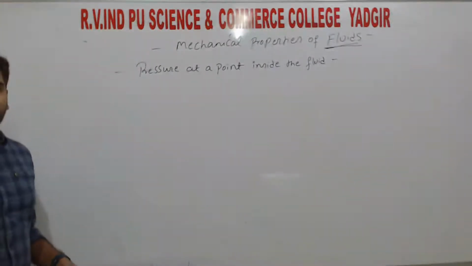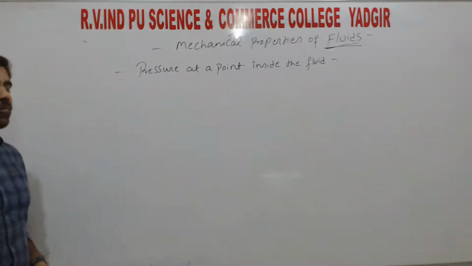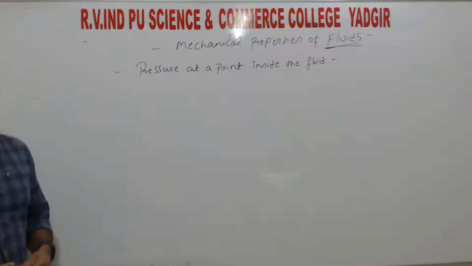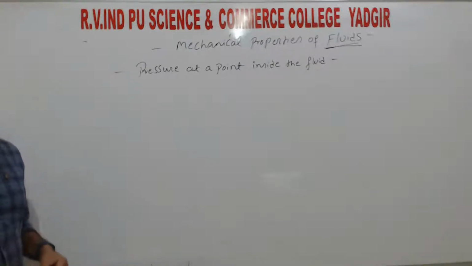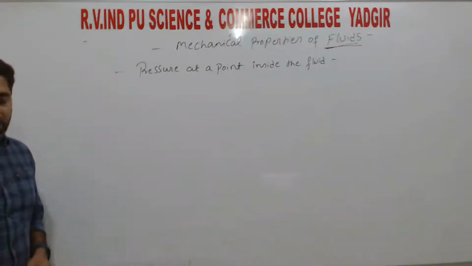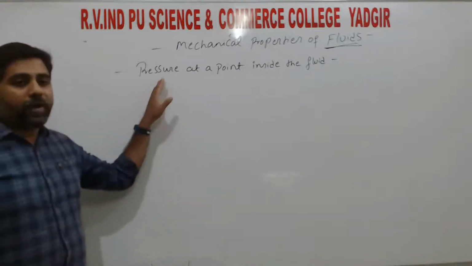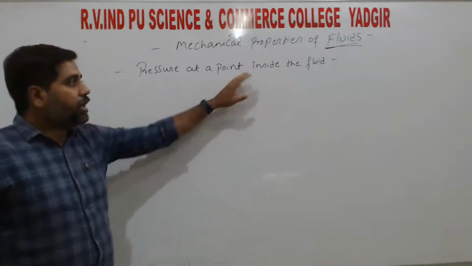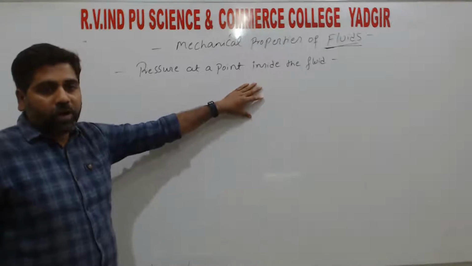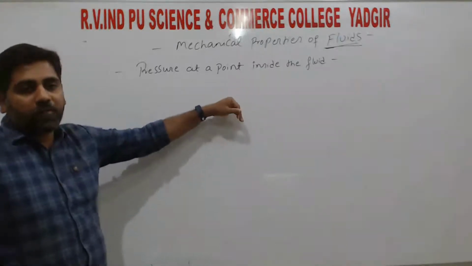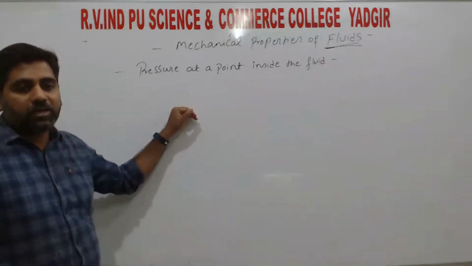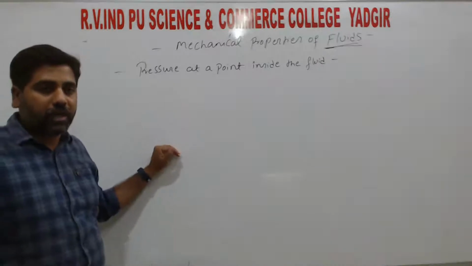Everywhere we mention fluid, but what we are considering is liquid, or in general we take it as fluid. So we need to find the pressure at any point inside the fluid. If there is some fluid and we are finding the pressure inside it, we need the relation, so that we are going to derive here, right?